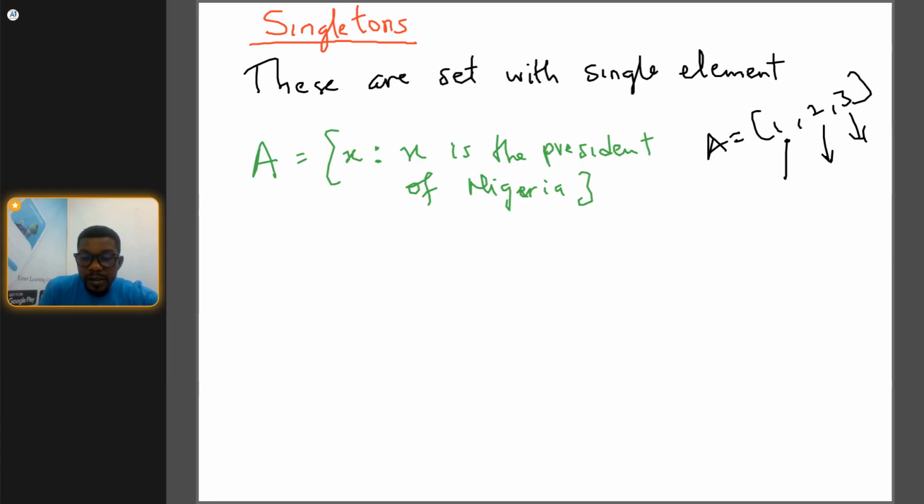Okay, His Excellency Bola Ahmed Tinubu. Thank you, Manuel. With that response, do we have two names? We have just one name. So in the set, I'm going to have His Excellency Bola Ahmed Tinubu.